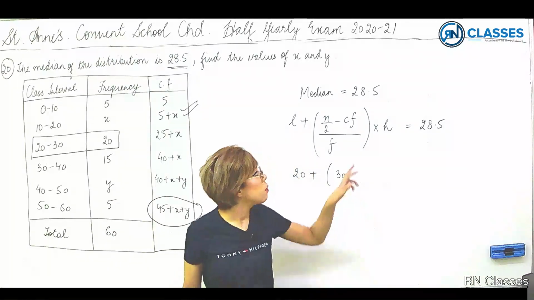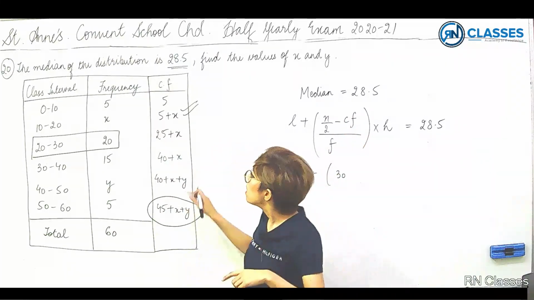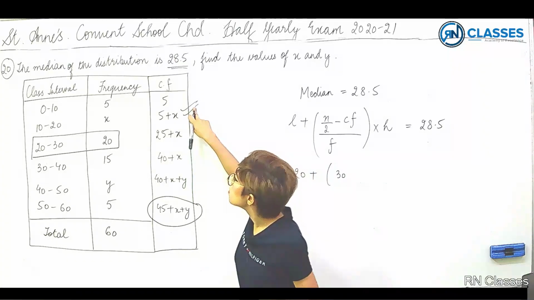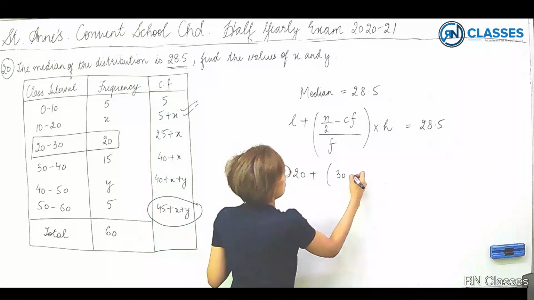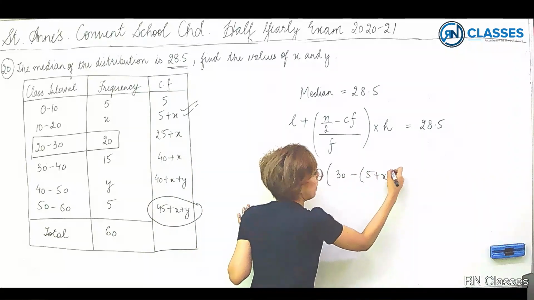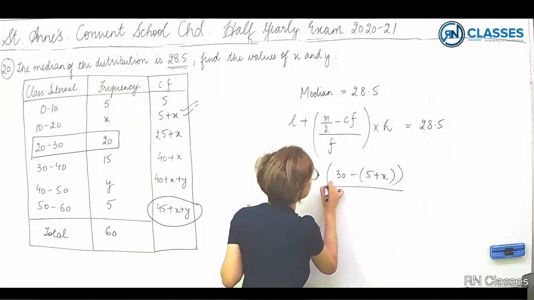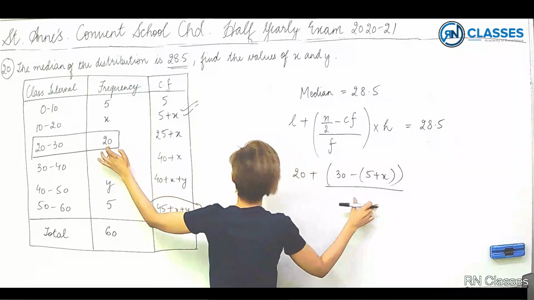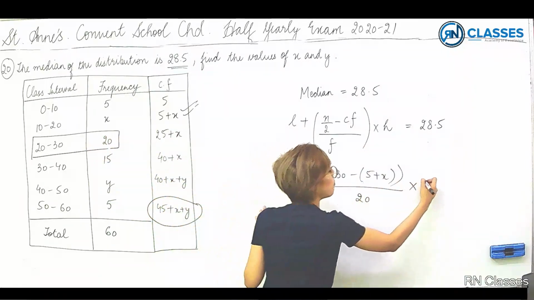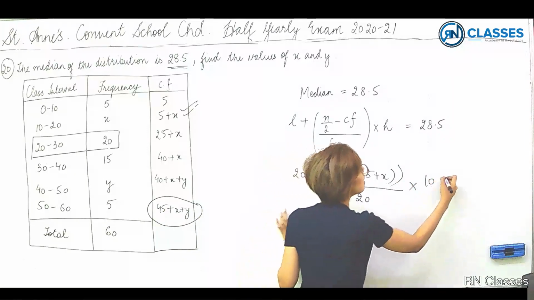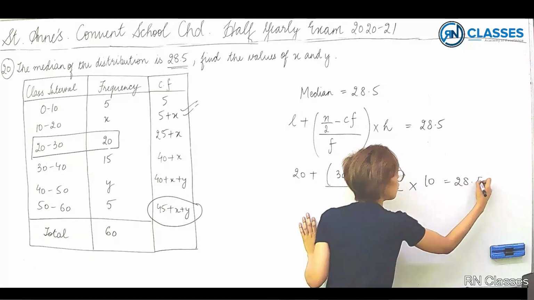And then cumulative frequency of the class preceding it. So median class was this. This is the preceding class, so cumulative frequency is 5 plus 8. Then whole divided by frequency of the median class, which is 20, into class size, which is obviously 10. And this is equal to 28.5.